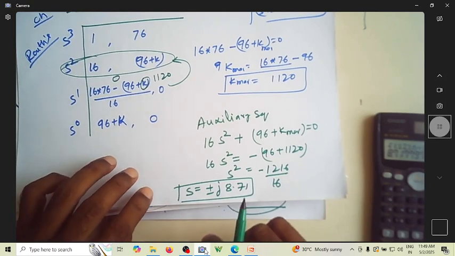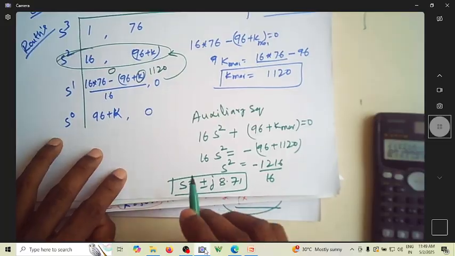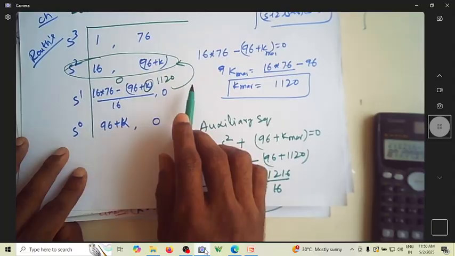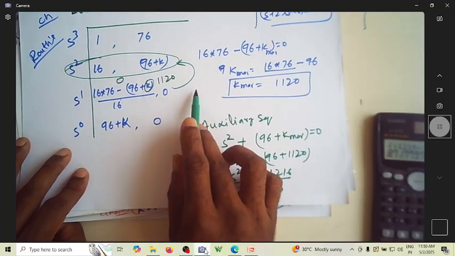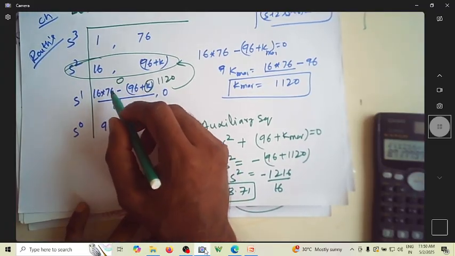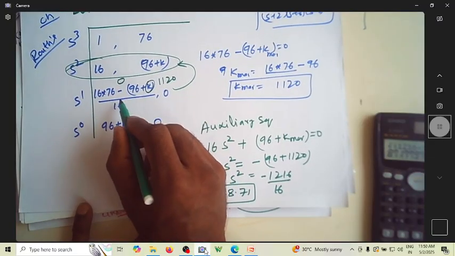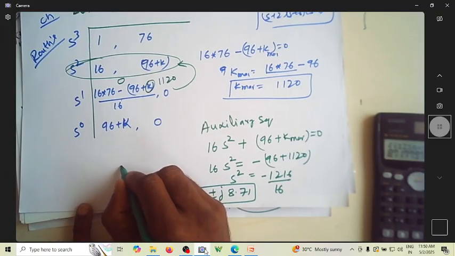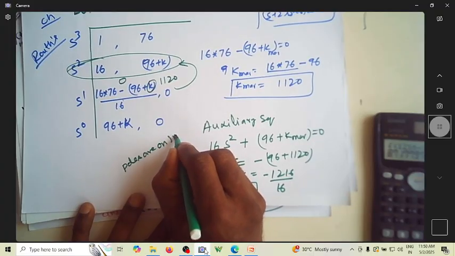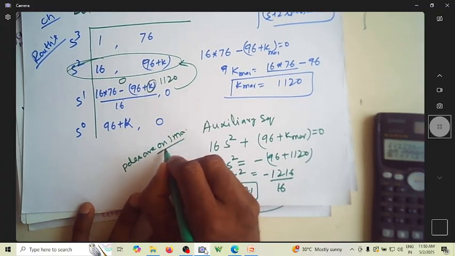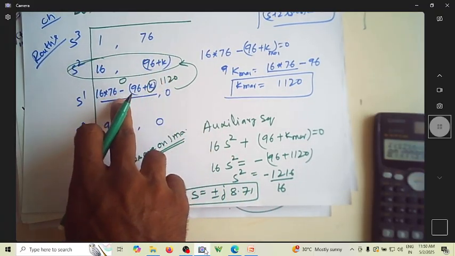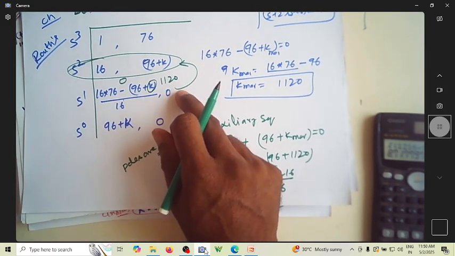The meaning of this particular process is, whenever all the elements of a particular row of the Routh's array become 0, then we have a special case. So what is a special case? If it is 0 0, it means the poles are on the imaginary axis. So that is the clue we get. If the poles come onto the imaginary axis, then the entire row of the Routh's array becomes 0.